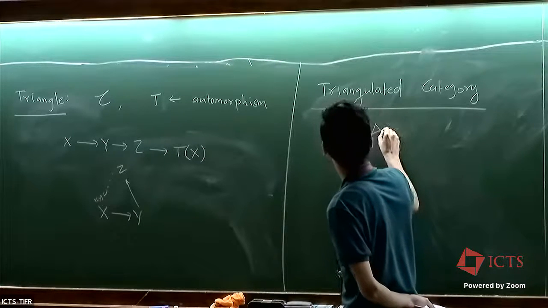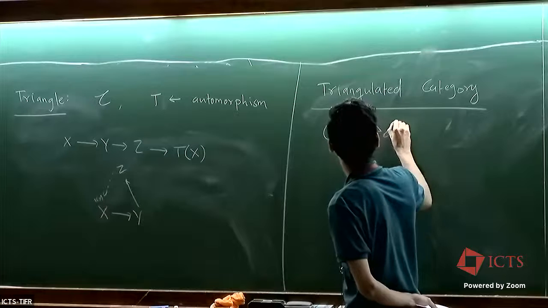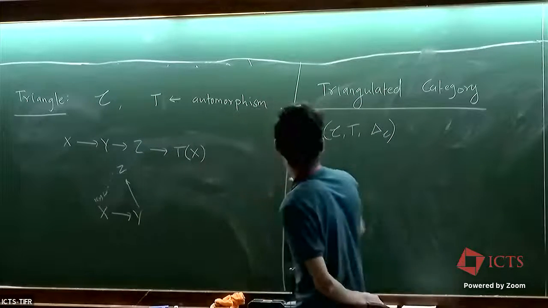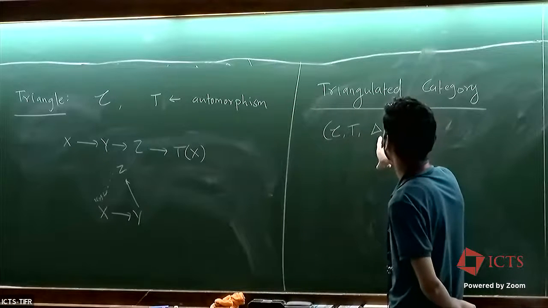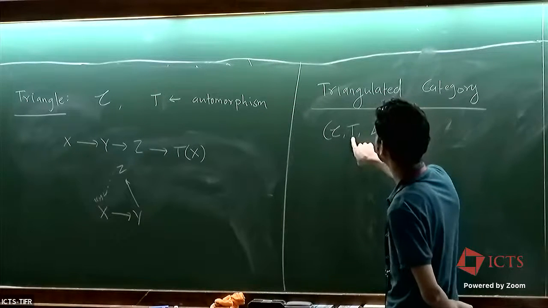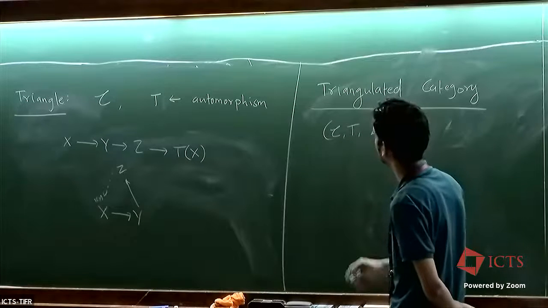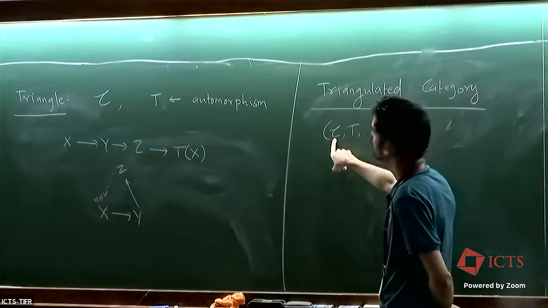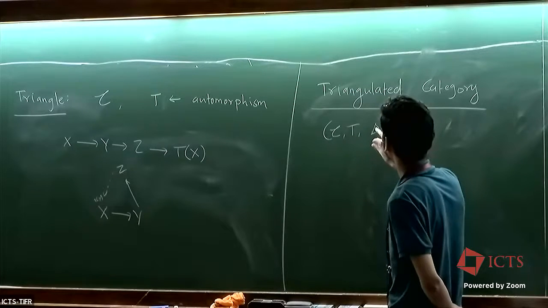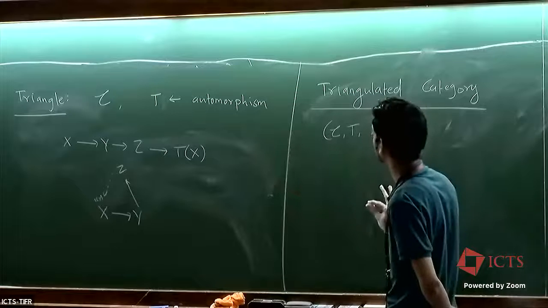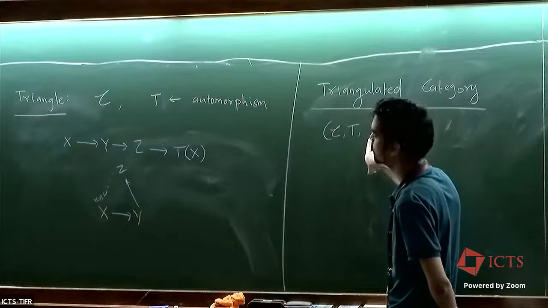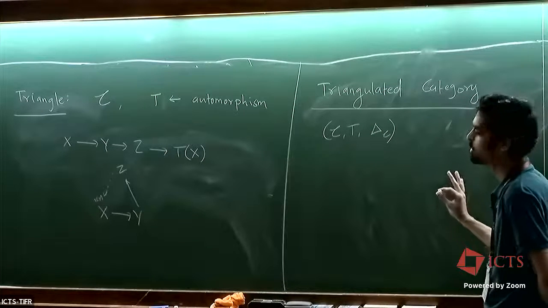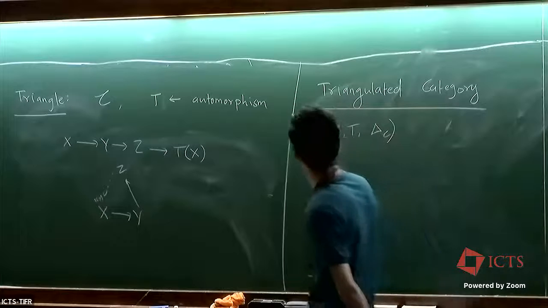So this collection is a collection of triangles of this form. This T is what we are having here. To define triangles here, we'll use this T. So this is the data that is given to us. We have an additive category, we have this translation functor and some collection of triangles. Now, if this data satisfies certain axioms, we'll call that a triangulated category. And now I'll define what the axioms are.